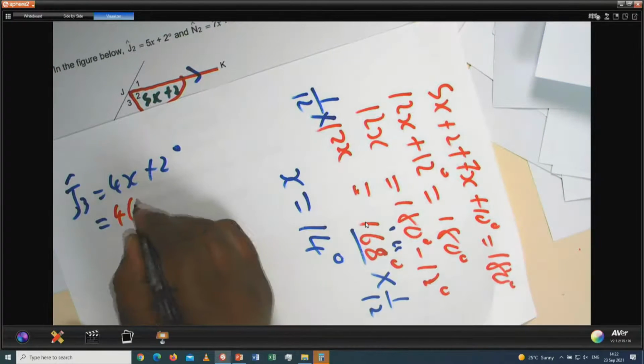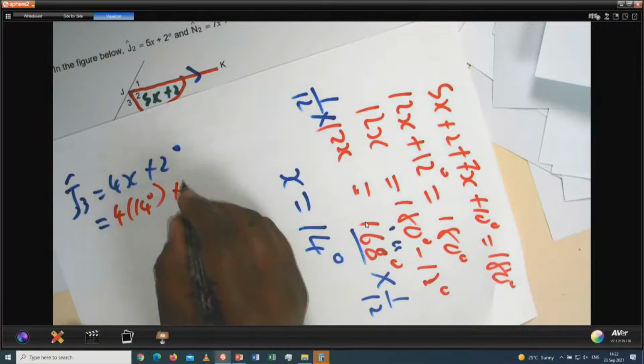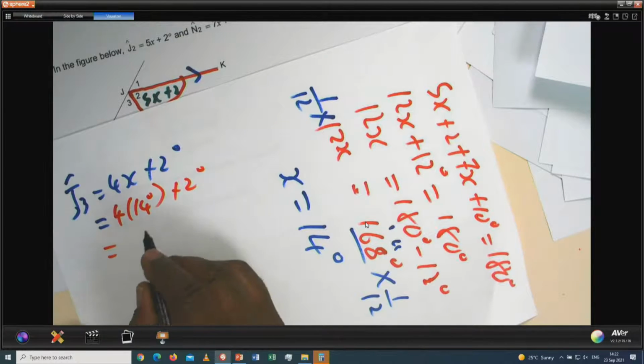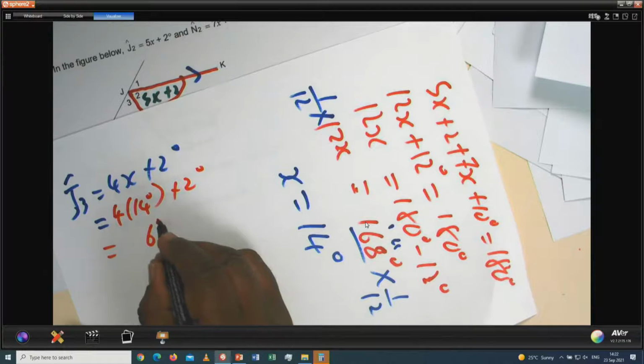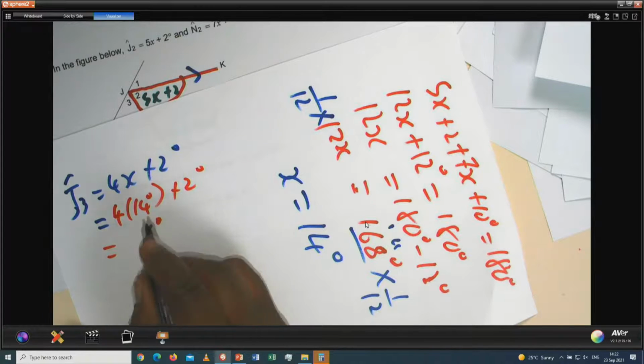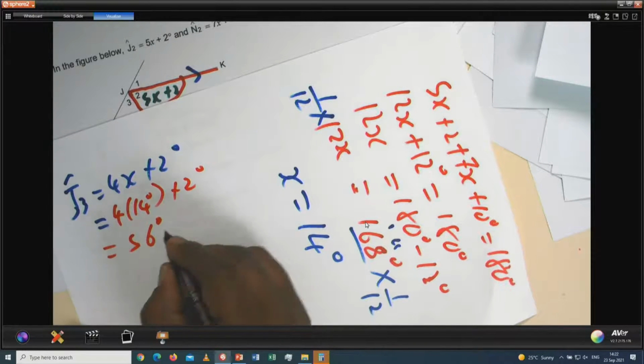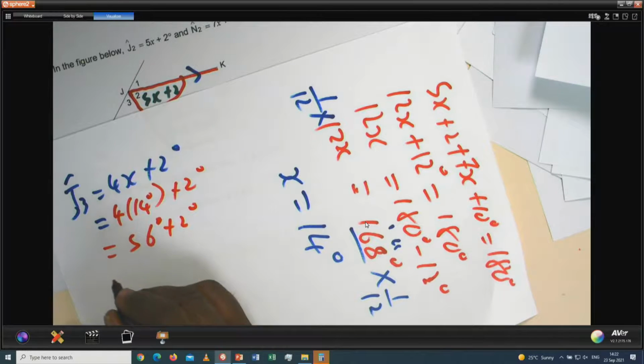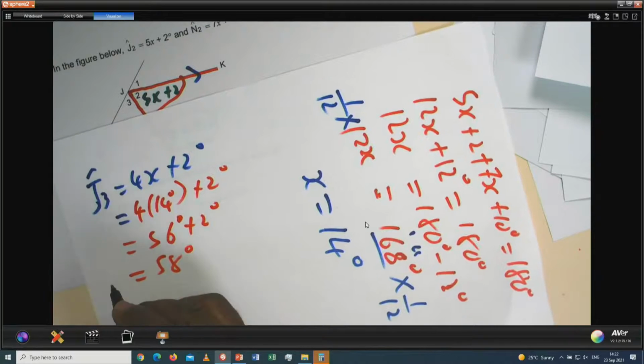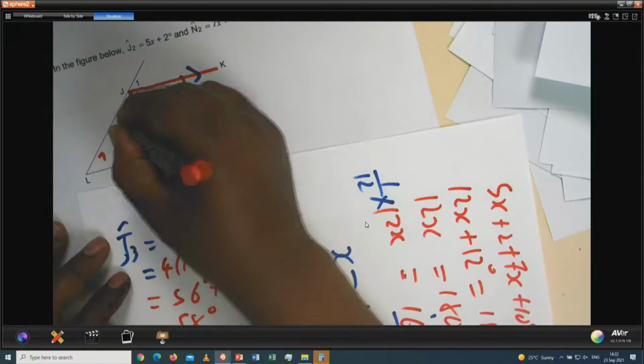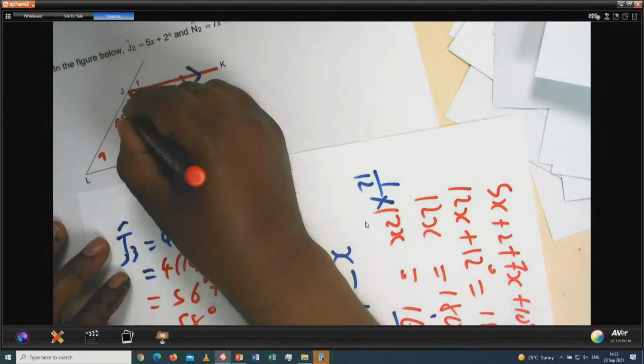Therefore, 4 by 14 degrees is 56 degrees, plus 2 degrees, which is 58 degrees. Therefore, your J3 is 58 degrees.